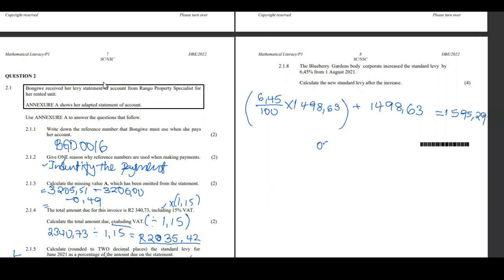Someone else would have done this by taking 100 plus 6.45, dividing this by 100, times the number that you are increasing. This one will give you a straightforward answer.